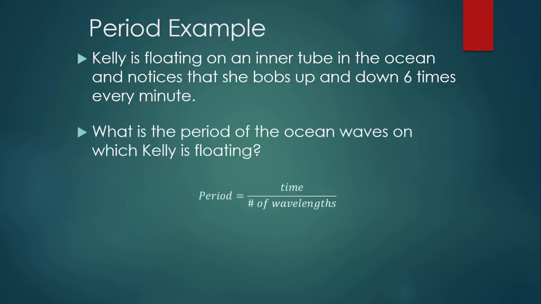So period is the total time that has passed divided by the number of wavelengths or oscillations produced within that time. So the time that she measured was 1 minute, so 60 seconds, divided by the 6 complete oscillations that she observed gives us a period of 10 seconds. So she bobbed up and down in 10 seconds, and then bobbed up and down again in another 10 seconds, and so on and so forth.